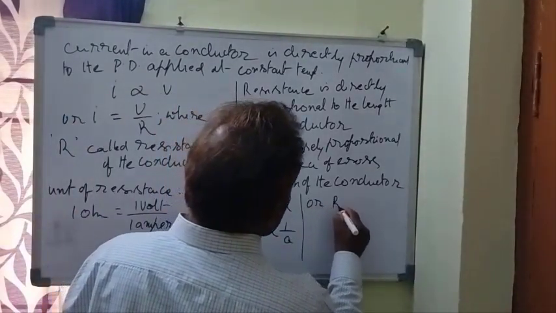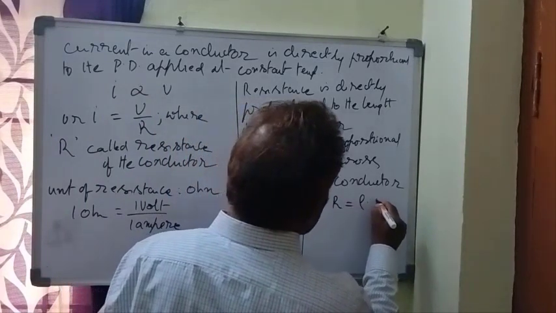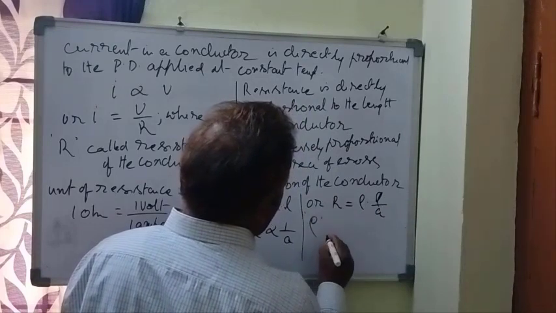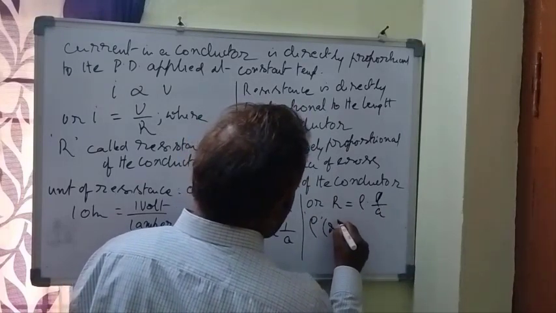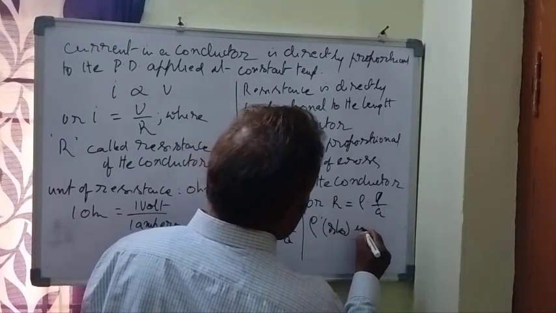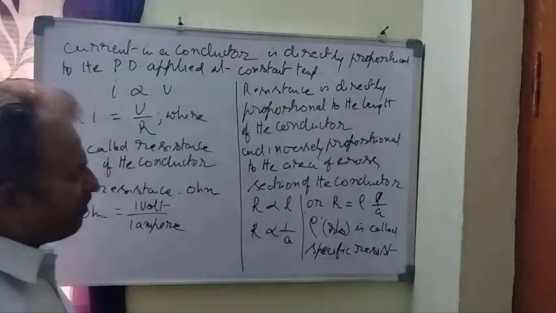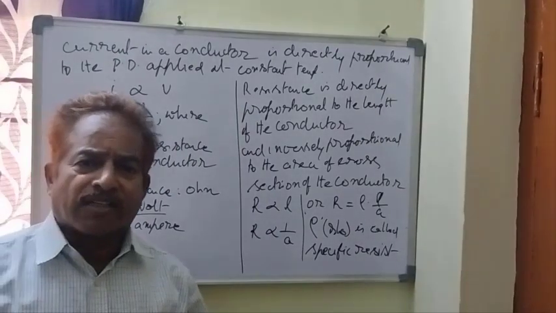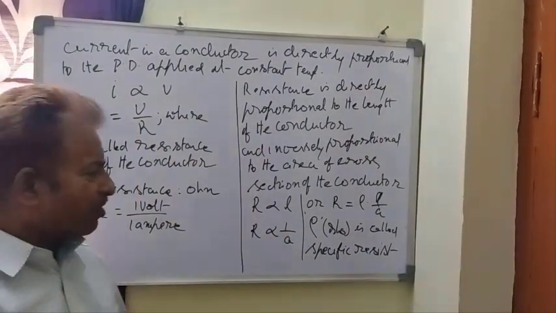R equal to rho into L by A, where rho is called specific resistance. So, resistance of the conductor is directly proportional to the length of the conductor and inversely proportional to the area of cross section.